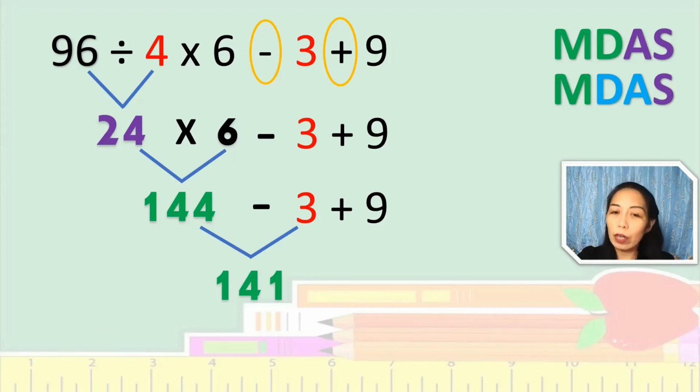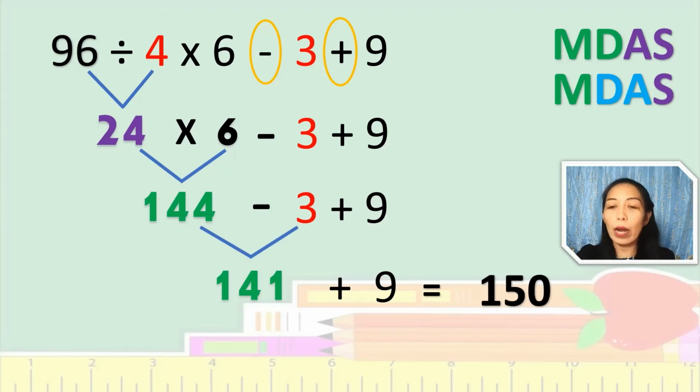So si 141 atong plusan sa 9. Humana naman ta sa subtraction. So aray na ta sa addition. Okay? So 141 plus 9, that would give us 150. So the answer for 96 divided by 4 times 6 minus 3 plus 9 is 150.